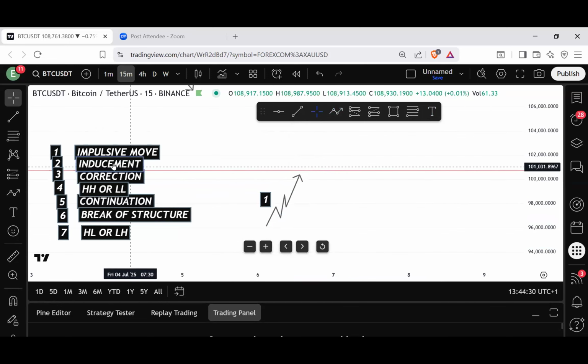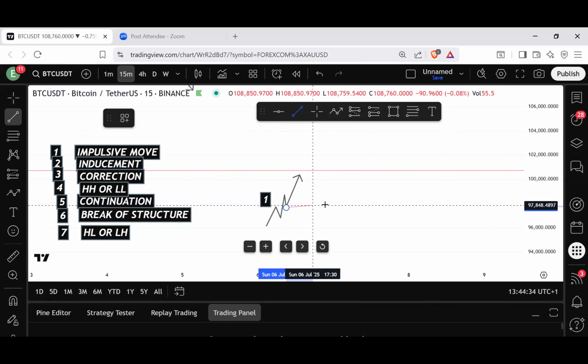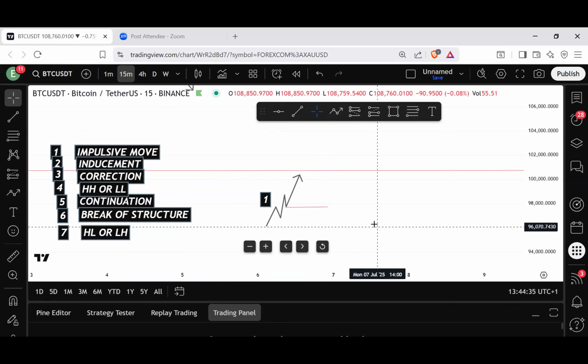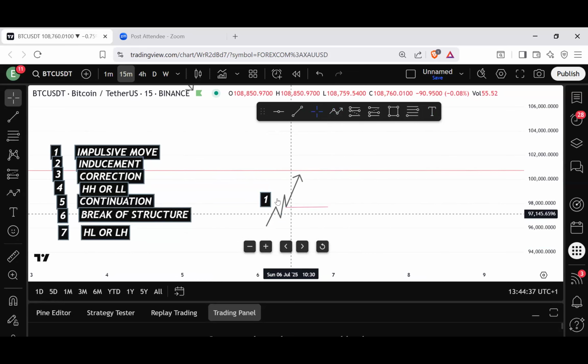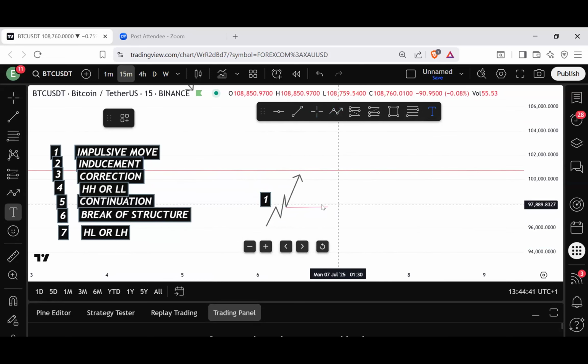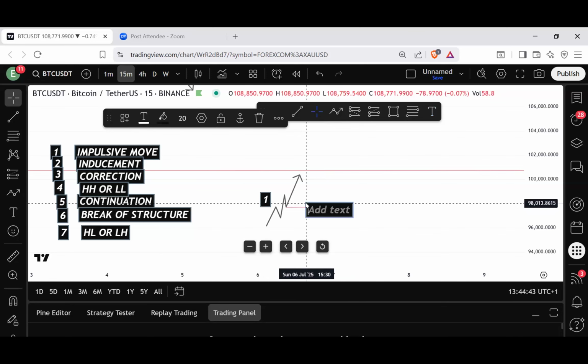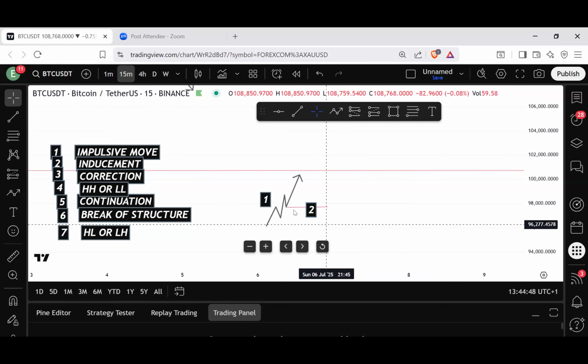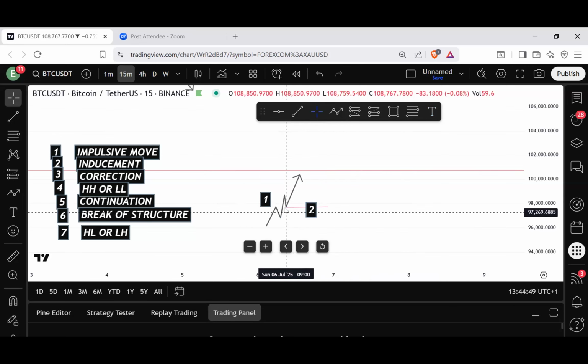So number two is inducement and the impulse, right? Is that correct? Correct. Inducement. Yes.